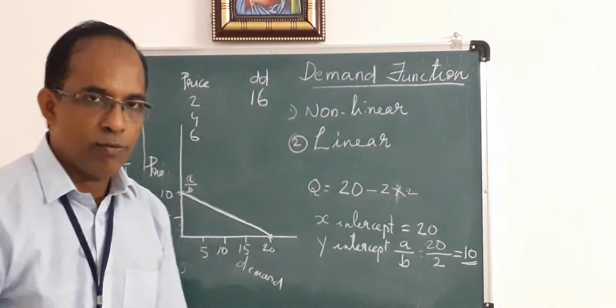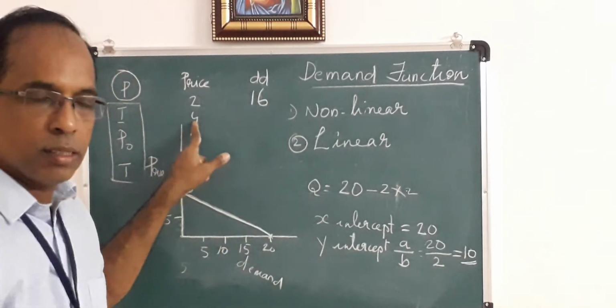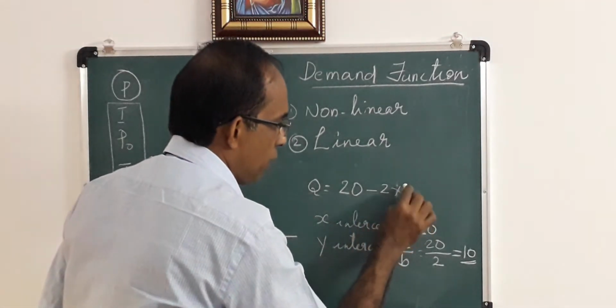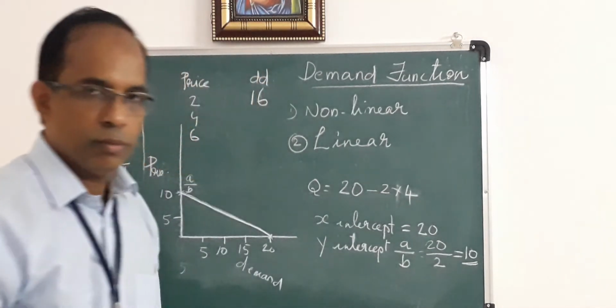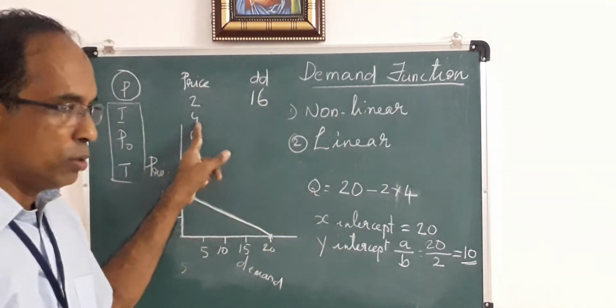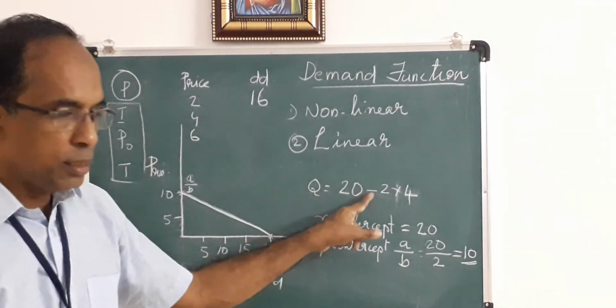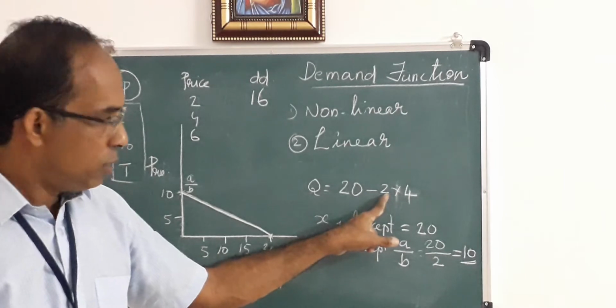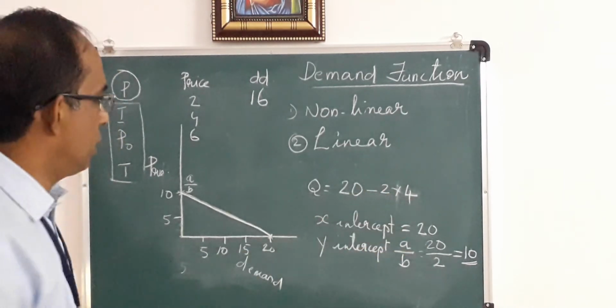Then what is his demand when price increases to 4? Just substitute the value P as 4. 20 minus 2 into 4, 2 into 4 is 8. 20 minus 8, that is 12.